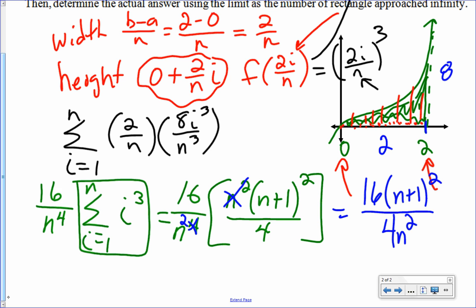And then I would also like you to tell me, what is the limit as n approaches infinity? The number of rectangles approaches infinity. It might be harder to see it in this form, based on what we've done before. So go ahead and work on that. I will stop the recording, so those watching it, if you need those answers, come to me.